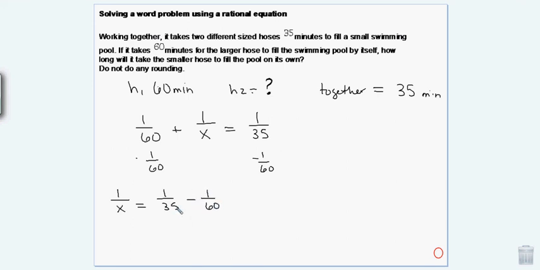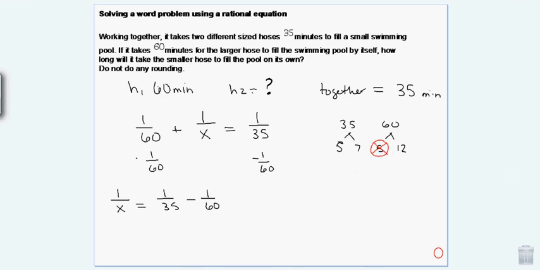Now I need to find my common denominator between 35 and 60. A nice way to do that, to find common denominators when you can't think of one off the top of your head, is to use a factor tree. 35 is 5 times 7 and 60 is 5 times 12. I can take this 5 out.